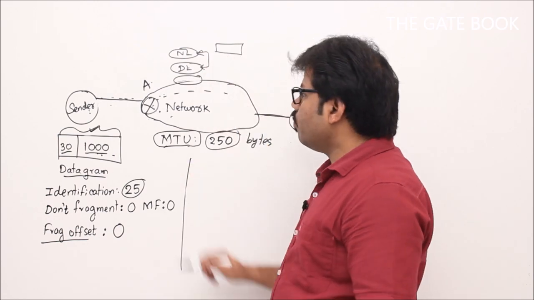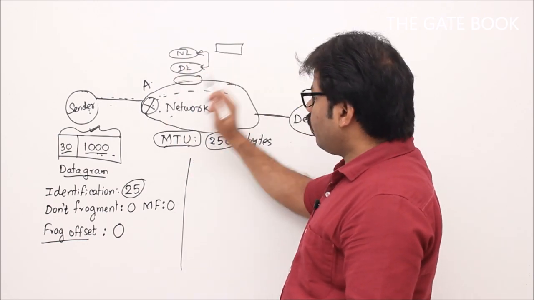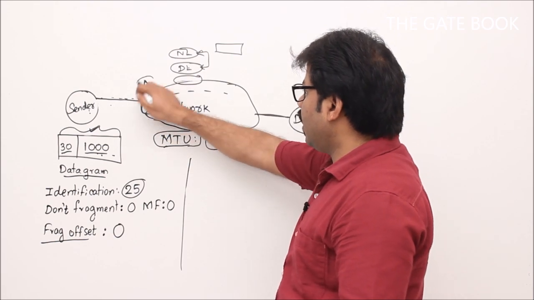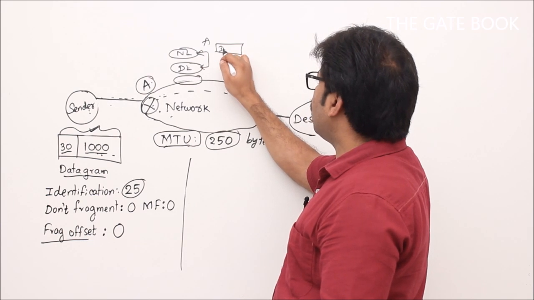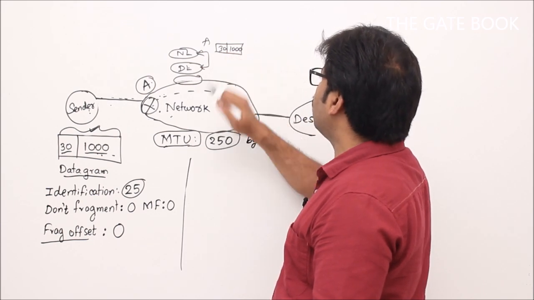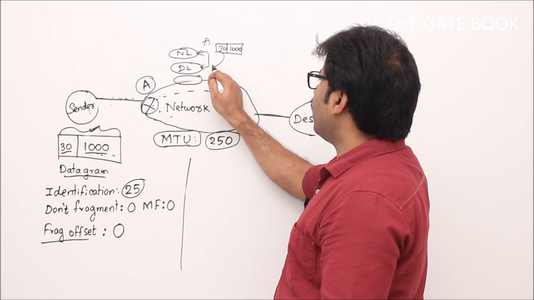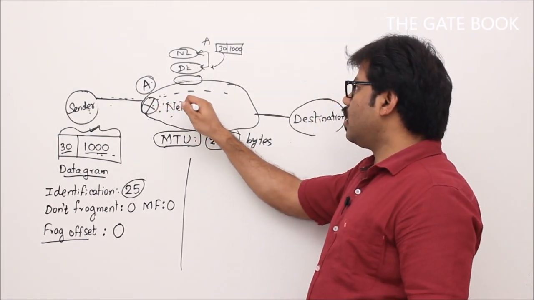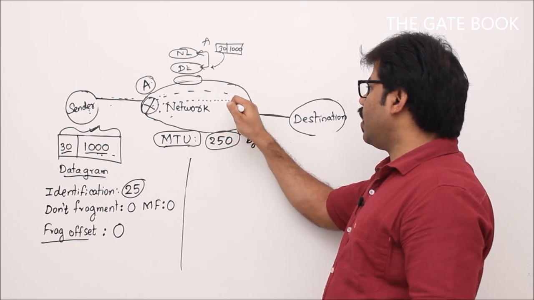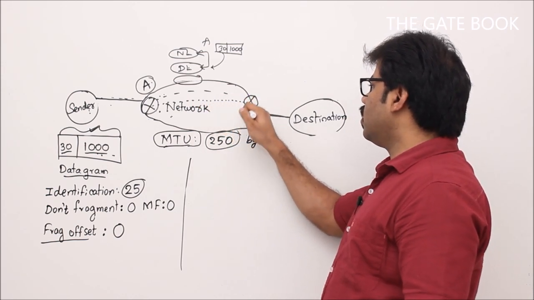So now this network layer, let's say A, has received a datagram of 30 and 1000. Now it is communicating with the data link layer: my dear data link layer, now this is the time to transfer that 30 plus 1000 units of data to another place through this network.